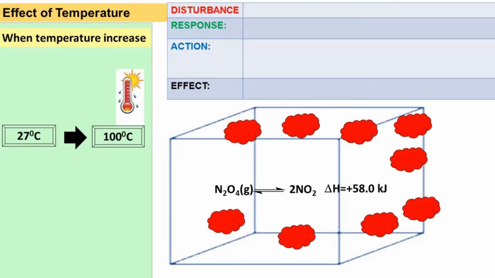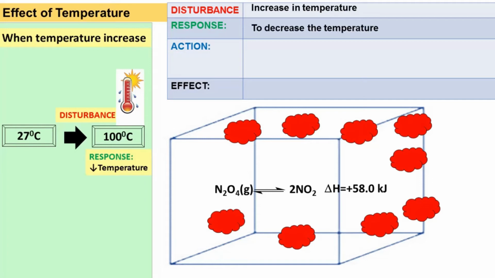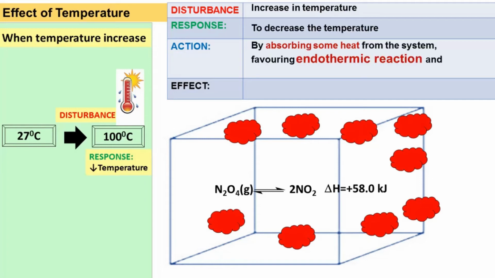Now we apply Le Chatelier's principle to explain how an equilibrium system reacts when the system is disturbed by changing the temperature. When temperature increases from 27 degrees Celsius to 100 degrees Celsius, the system responds to decrease the temperature by absorbing some heat from the system.